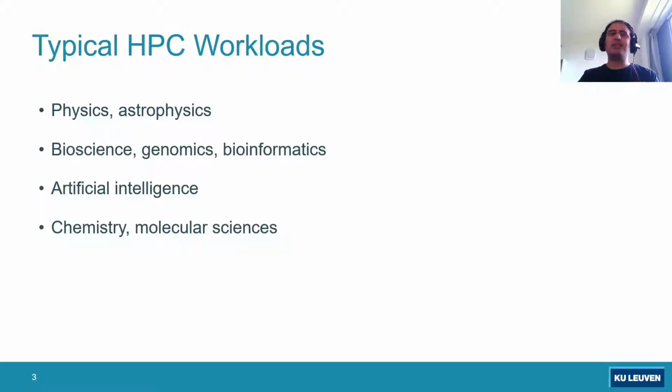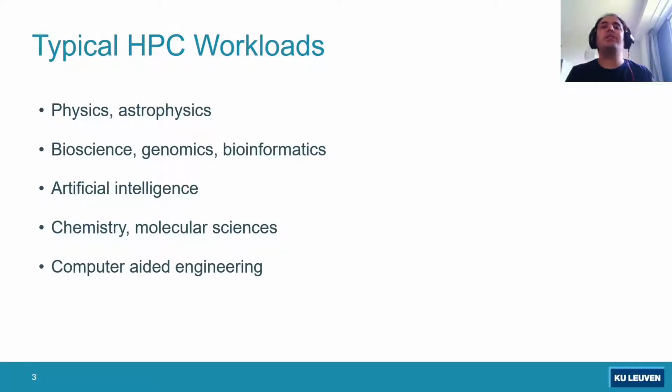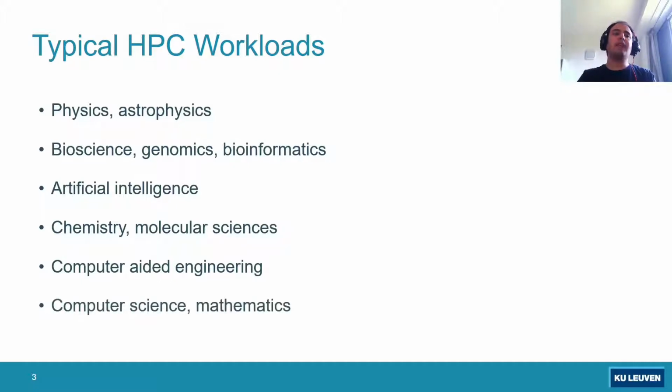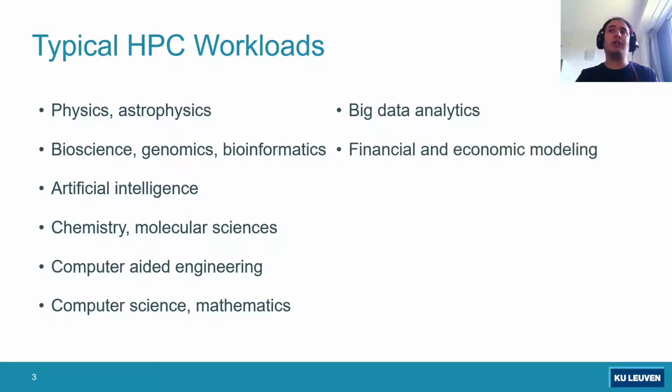And then computer-aided engineering, which is actually the topic of this presentation, in mechanical engineering, aerospace, and biomedical engineering. And also computer science and mathematics to develop high-performance algorithms and solve complex mathematical problems. And big data analytics and financial and economic modeling for risk modeling.